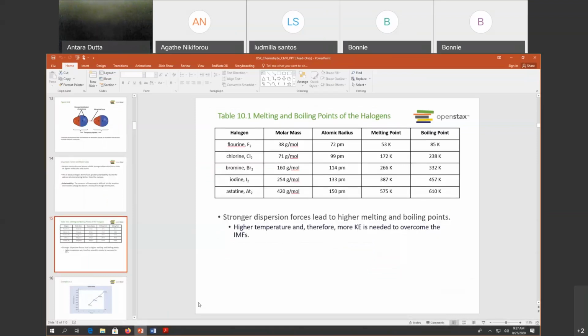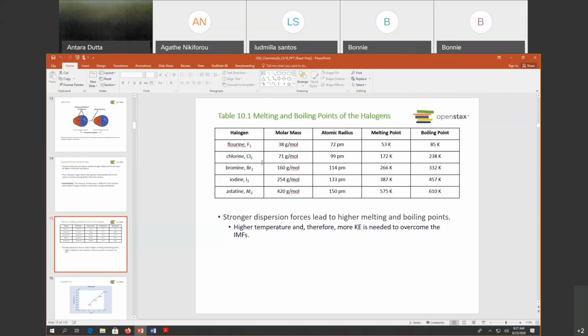Or which one has higher melting point? Definitely dipole-dipole force is stronger than London. So CO should have higher boiling point or melting point compared to N2, right? Everybody okay? So this is how we predict the effect of intermolecular force.